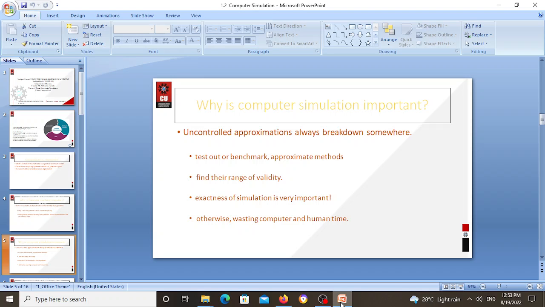The approximation method has to be taken care of so that we can get a very standard algorithm which is giving us the most efficient program, the best technique available in the market. Wasting computer and human time is not the purpose of simulation. This is a very important technique, and we have to ensure that the computer resources and human resources that we are using are utilized in a very efficient way.